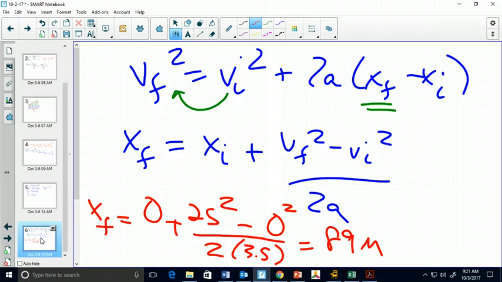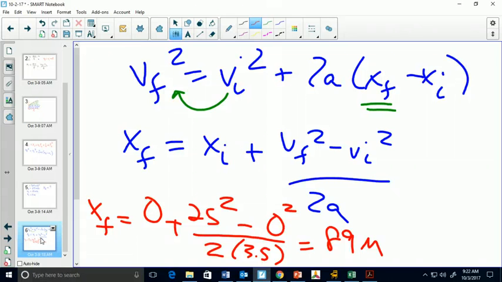So the first thing I did was get rid of this vi by subtracting vi squared, so I end up with vf squared minus vi squared. The 2a is multiplying this term, so I divide by 2a again to get it by itself. The xi is subtracting xf, so I add xi. Again, I'm trying to get xf by itself. So those are my three steps.